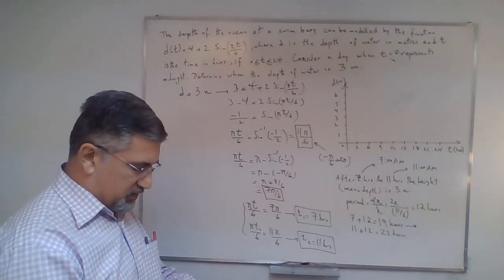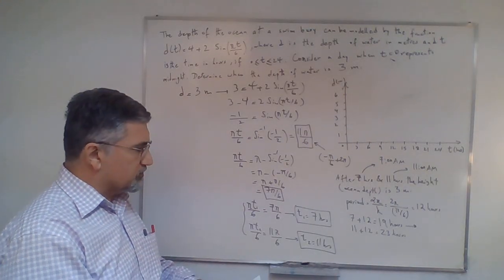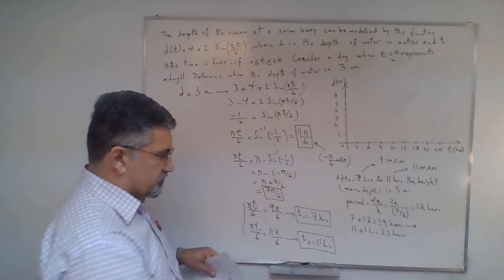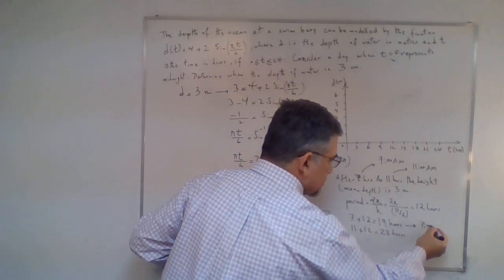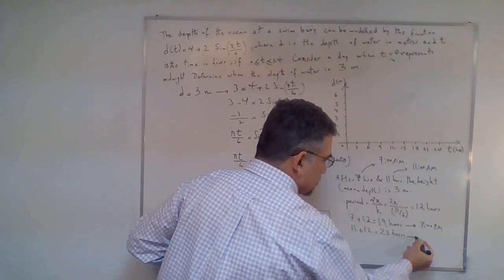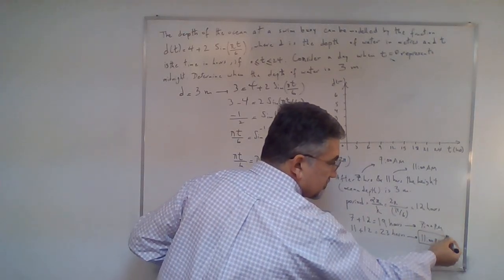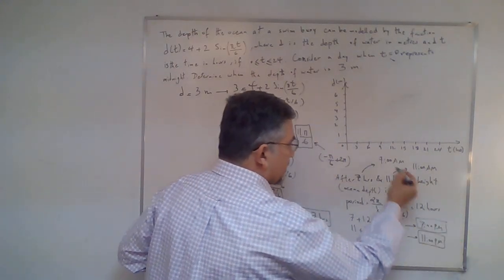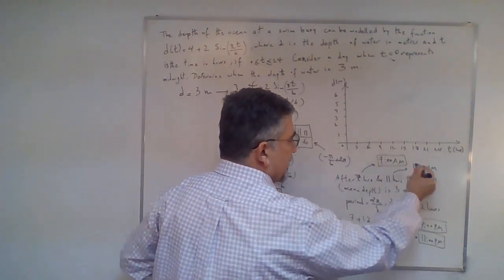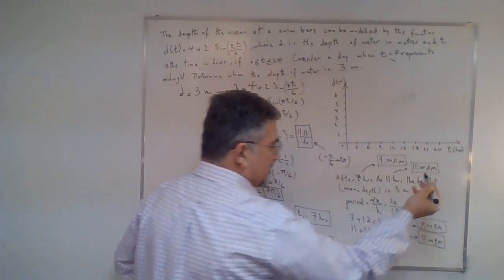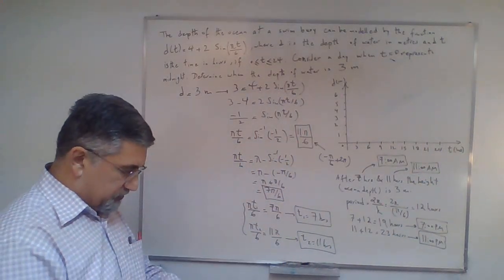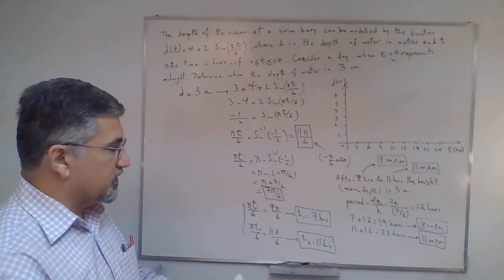I believe it would be 7 p.m., right? So that's 7 p.m. and this would be 11 p.m. So 11 p.m., 7 p.m., 7 a.m., and 11 a.m. These are the 4 times that the depth of the water will be 3 meters.